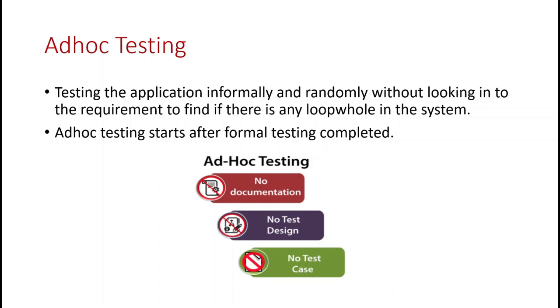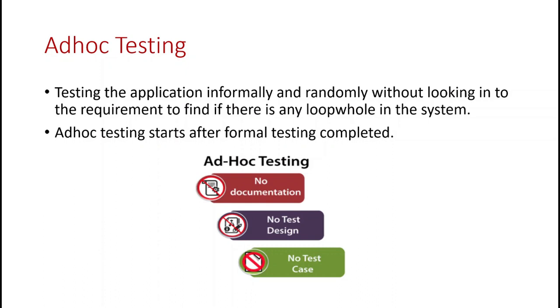Instead of the right username and password, I'll be giving some random value, some junk value, and some different special characters, and I'll see how the application reacts. So this is how we'll perform Adhoc testing. That's why Adhoc testing is called negative testing or monkey testing.